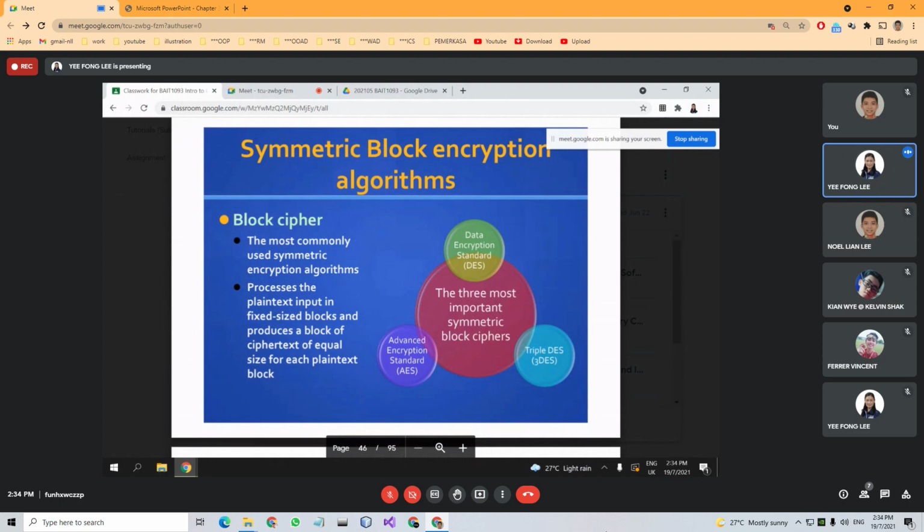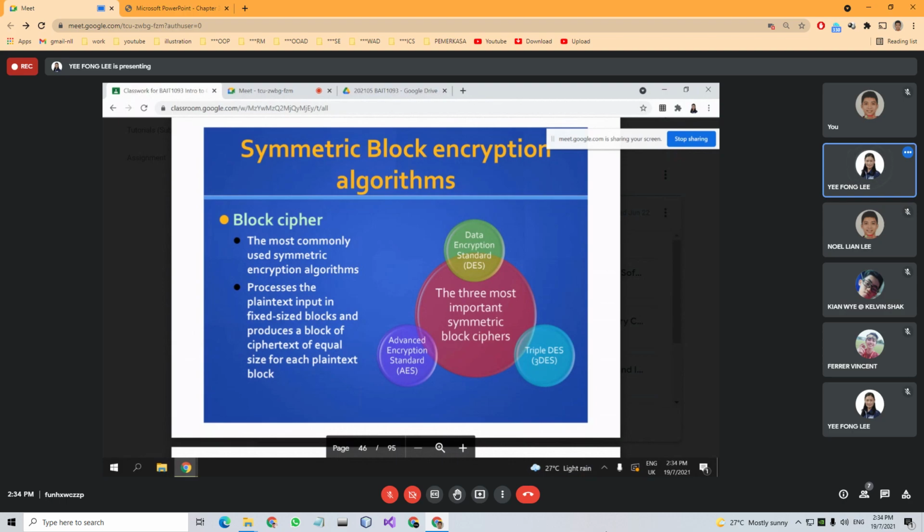Symmetric block encryption algorithm. This is the most commonly used symmetric encryption algorithm. It processes plain input in fixed-size blocks and produces a block of cipher of equal size. So it means the plain text and the cipher text are of equal size. This is the second time we talk about this already.